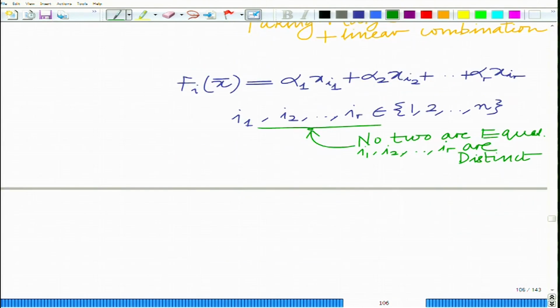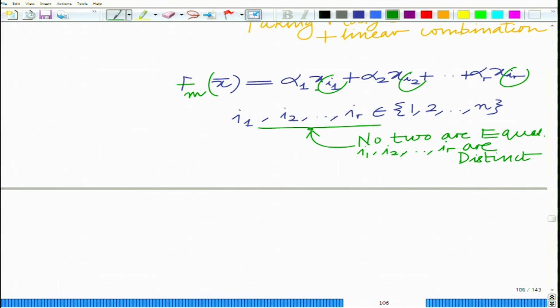distinct. Now, how many ways can you choose these indices i1, i2, i_r? In fact, I can call this f of, let us say, m, not i, because we are using that already, just one particular combination.